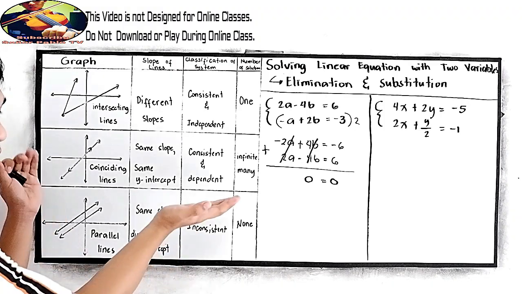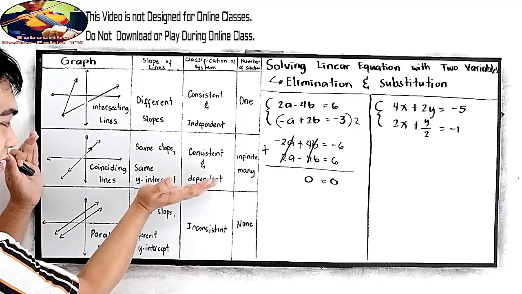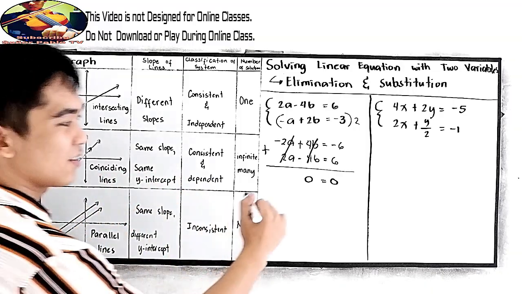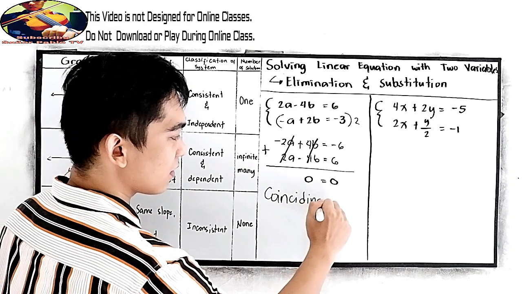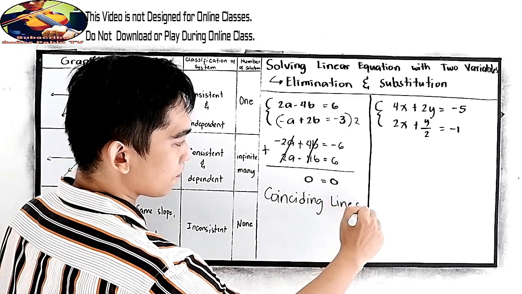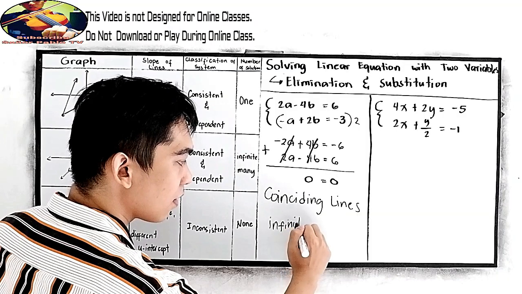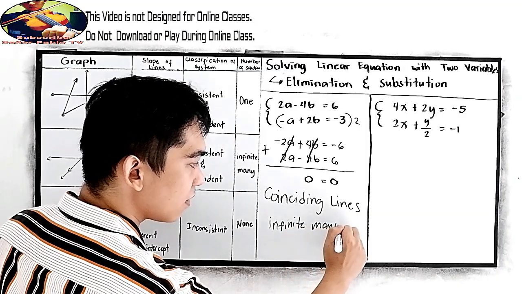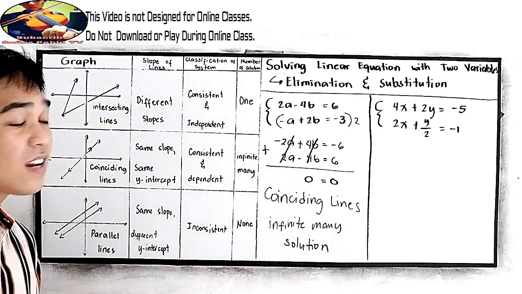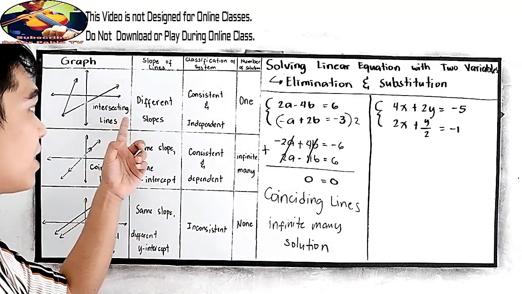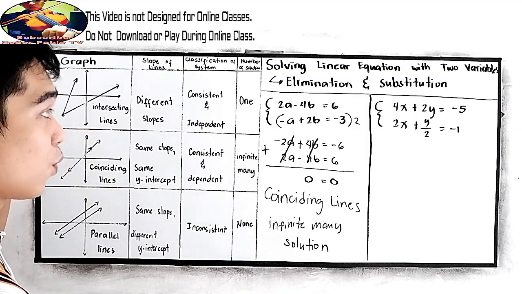Okay, now it's clear to you what it looks like if we solve our equations and get coinciding lines. So this will give us coinciding lines, with infinitely many solutions. Unlike our unique solution, or the intersecting lines, where we graph that, we're going to meet at exactly one point.